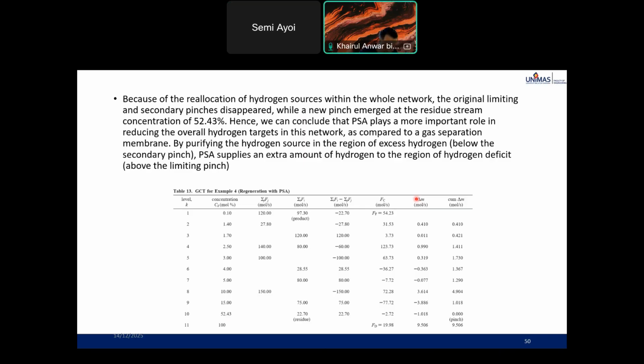So for the delta M, which is the impurity load, it's a product of the commodity gas flow rate FC and the concentration difference across two concentration levels, delta C. So delta M here is equal to FC multiplied by the concentration C2 minus C1, or 1.4 minus 0.1.